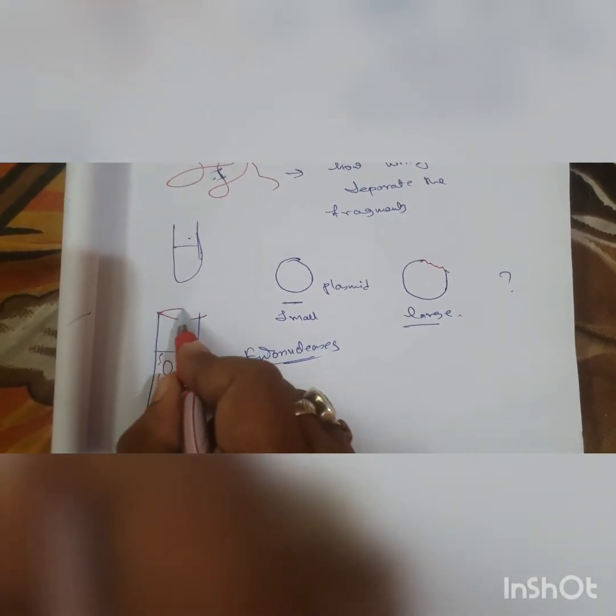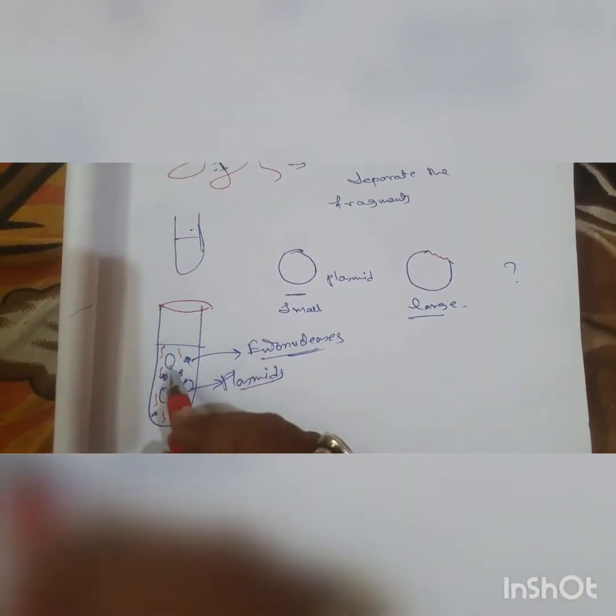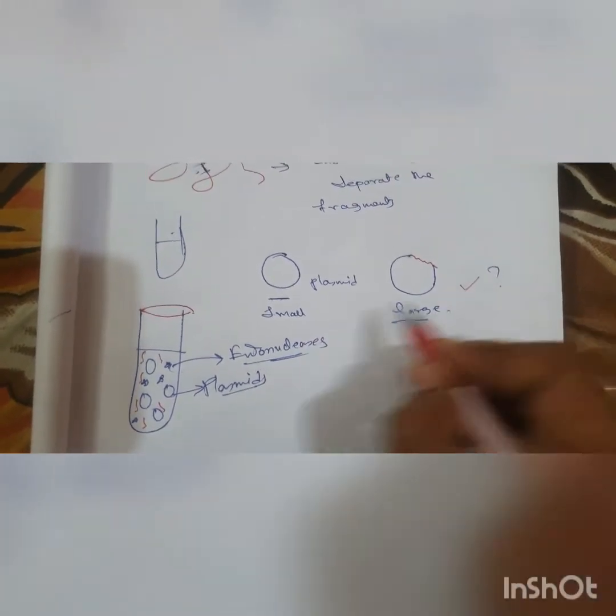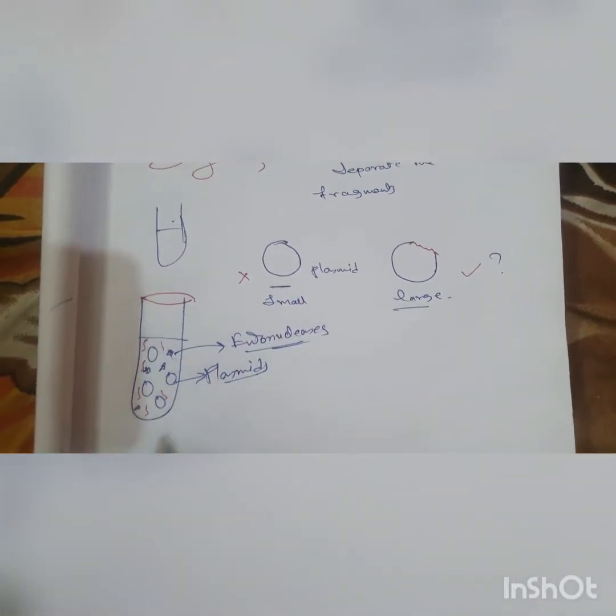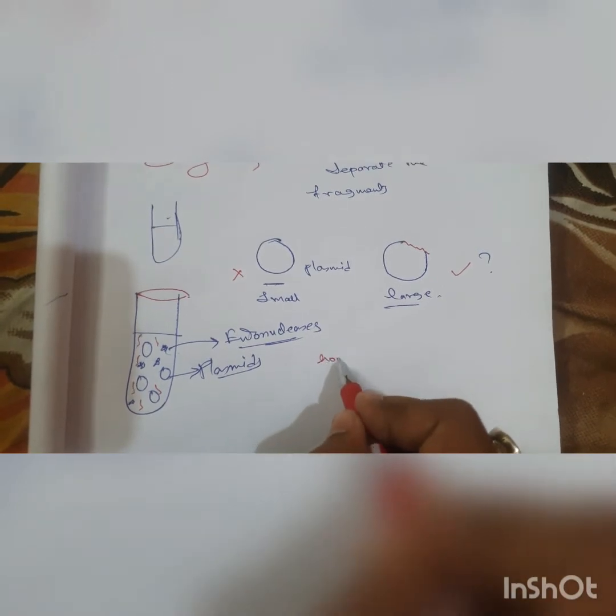When you do this, some of the plasmids will take it up, some will not take it up. Then from this mixture, how will you separate?